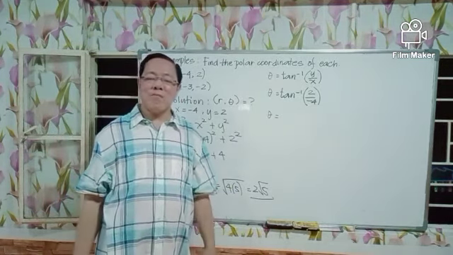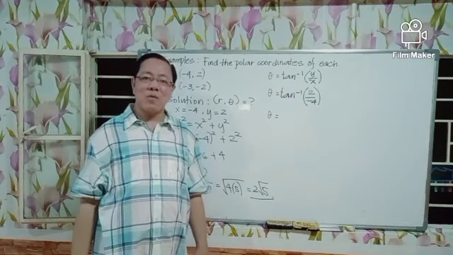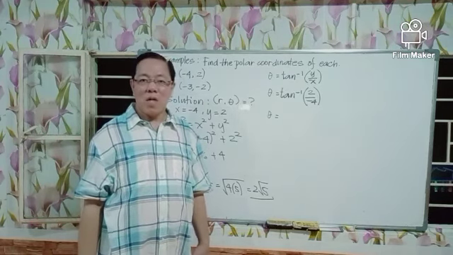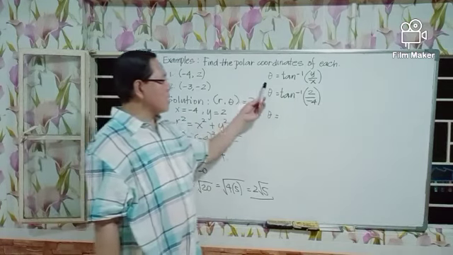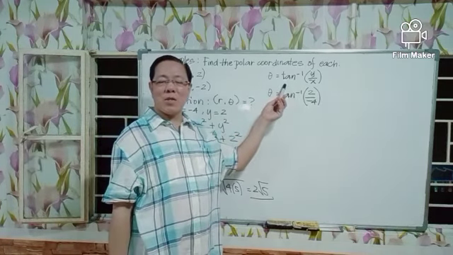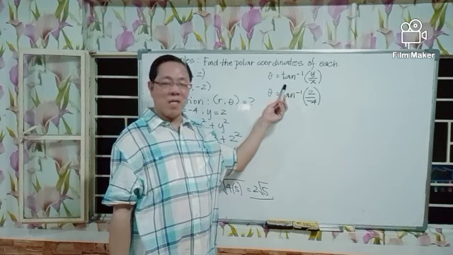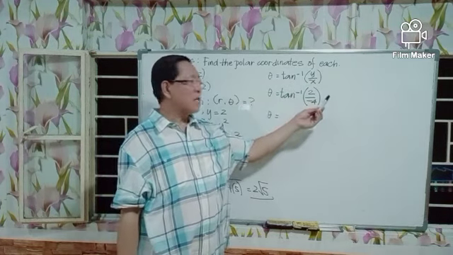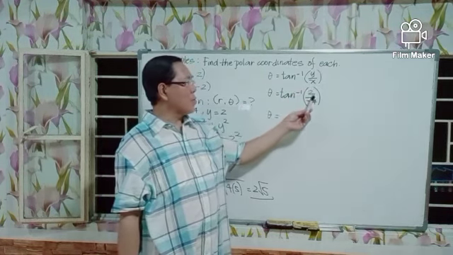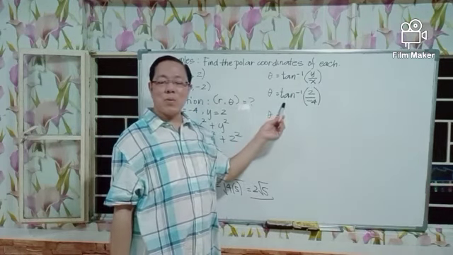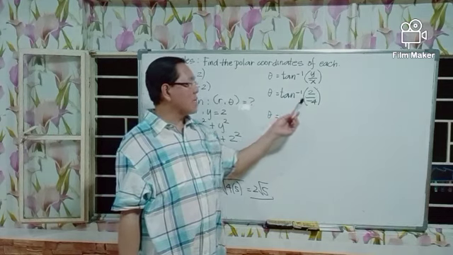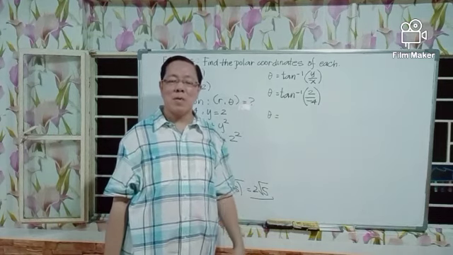And using the tangent function, theta, its value is equal to the ratio of ordinate over the abscissa, from which we obtain theta is equal to inverse tangent, or arctangent, or shift tangent of y over x. And replacing y with 2 and x with -4, theta is equal to shift tangent of -2 over 4, or that's -1/2.